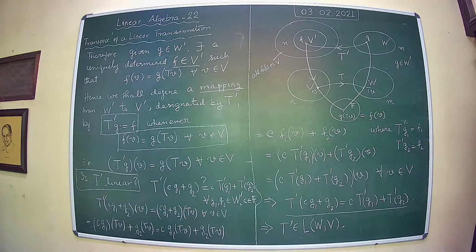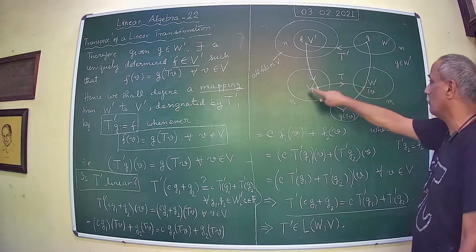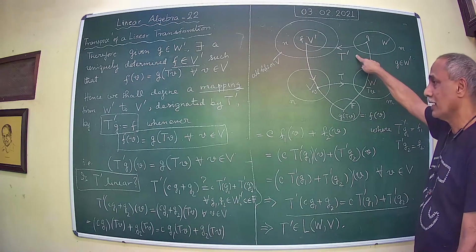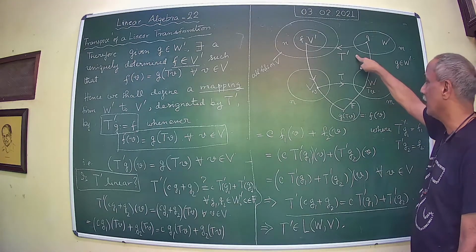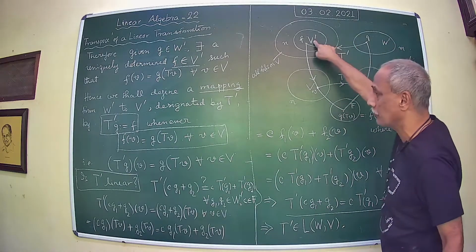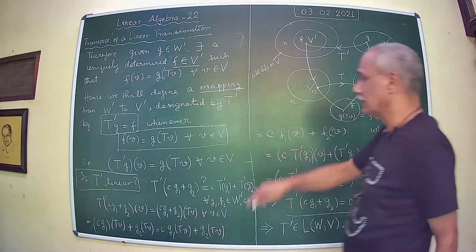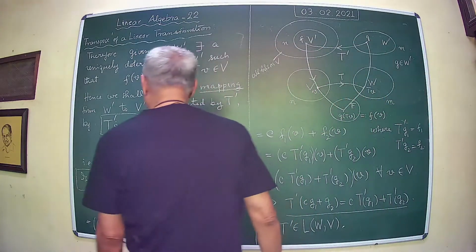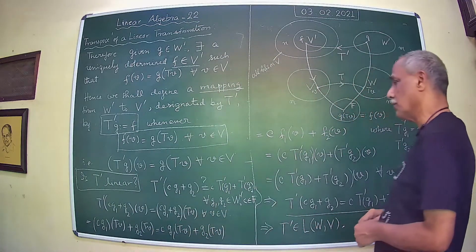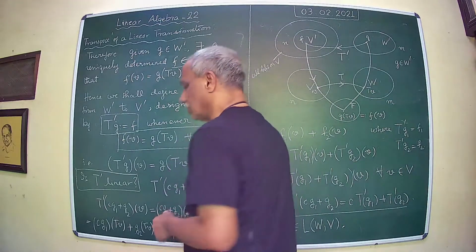So, corresponding to every linear transformation T from V to W, there exists a corresponding uniquely determined linear transformation from W prime to V prime, and related by the relation that T prime of G acting over V is equal to G of TV. So let us write down.